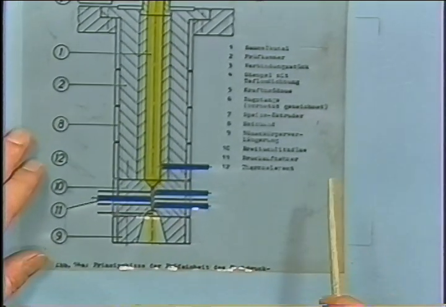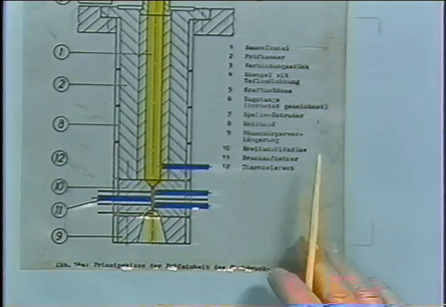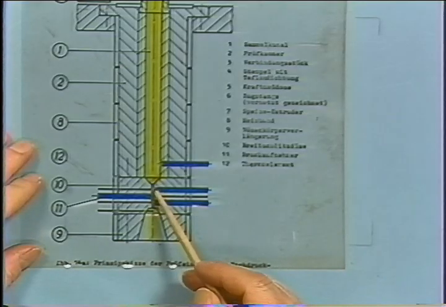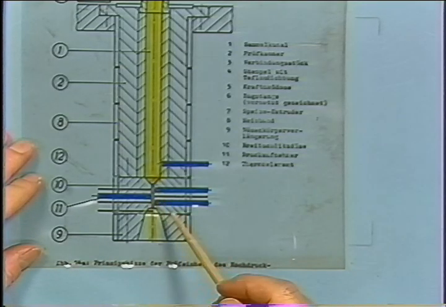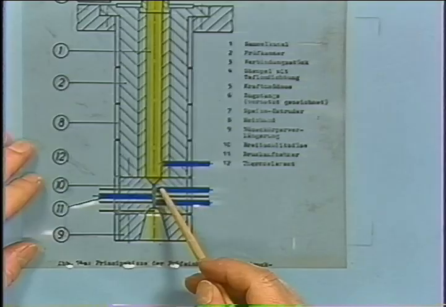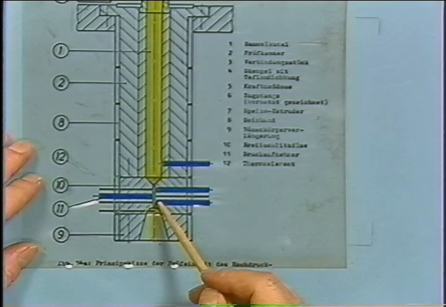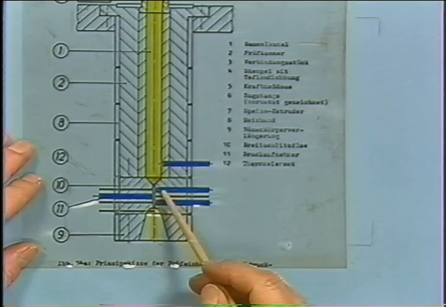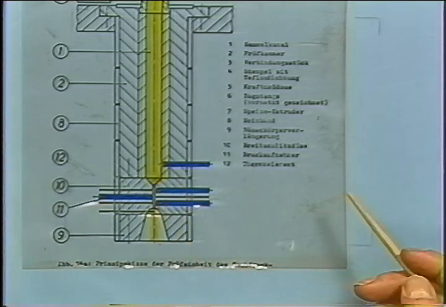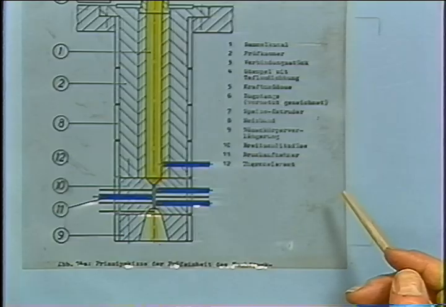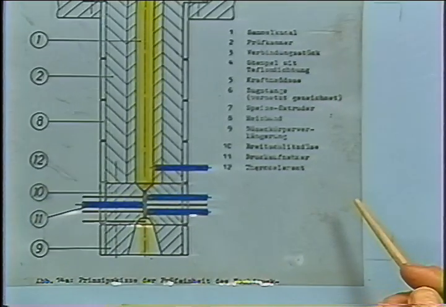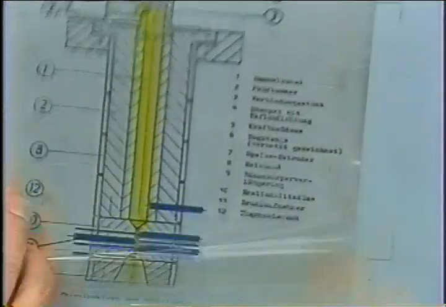Secondly, the second quantity to measure would be the pressure in this capillary, and in this case we would mount pressure transducers, two transducers, along the capillary and measure delta P divided by delta L, and that gives us the local pressure gradient. That's the second quantity which we needed, and it comes out as a result from this experiment.